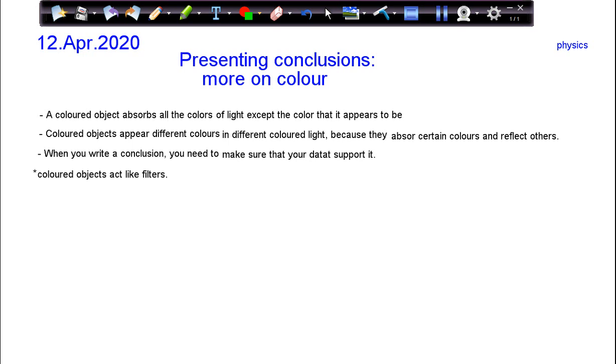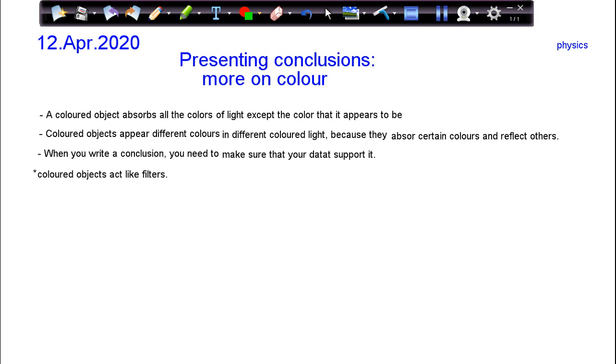For example, a red object can appear red and reflect red color but absorb all the other colors in the light. When you write a conclusion, you have to make sure that your data support it.